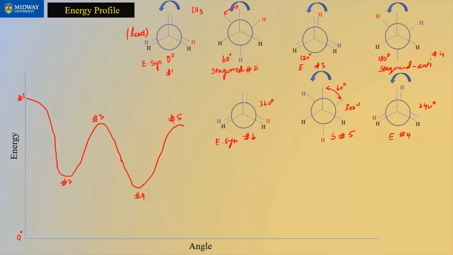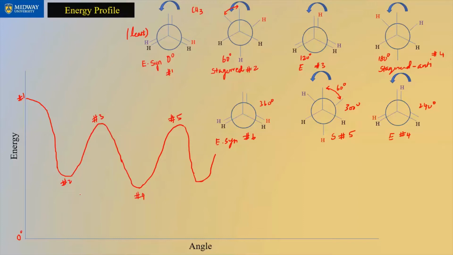Sorry, this is 2, 3, 4, and then 5 is the same as 3, and then we have gauche again, right? Staggered gauche, which is below 2, but not below 4. So it's in between these two. I should have drawn 4 a little lower, but you see it's below 2 but slightly above number 4, right?